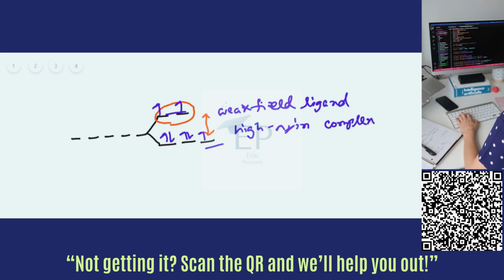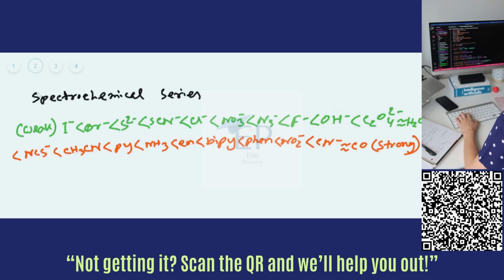So how can we know whether a complex is low spin or high spin? That's very simple. We just need to know whether the ligand in the complex is weak field or strong field. And there is a chart which is called a spectrochemical series, where the most common ligands are arranged in an order of weak to strong ligands.